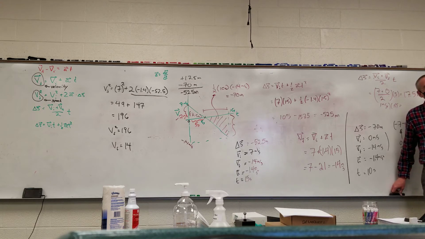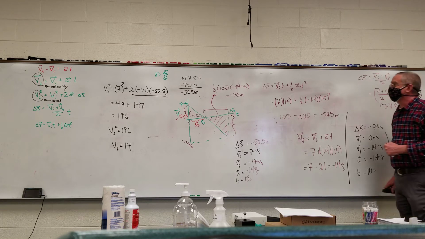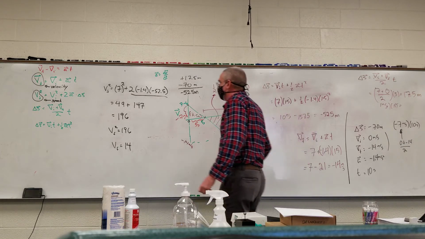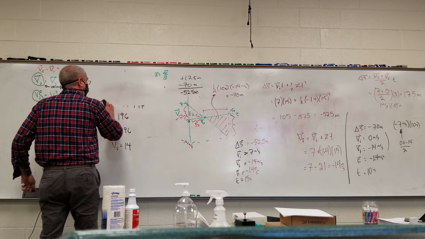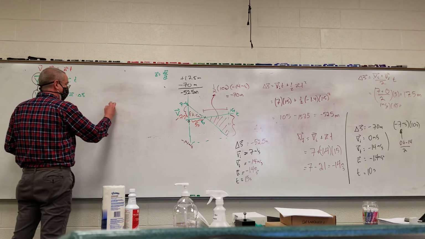All right, so what is the distance that this object traveled? Assuming it's one-dimensional motion. Let's do a visual here. We have an object, so let's say up is positive.